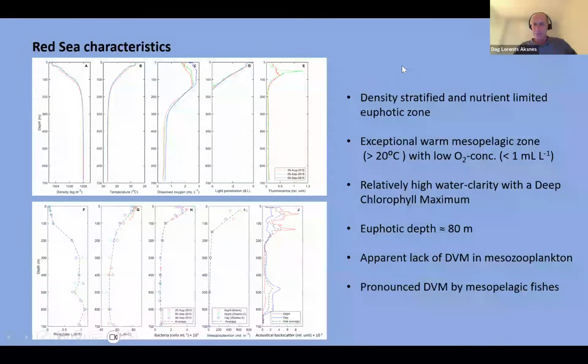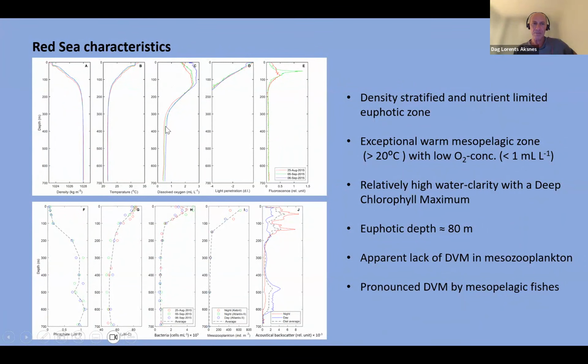The Red Sea is highly density stratified, at least in the part of the season that we consider, which is in the summer autumn. In that sense, it's similar to the subtropical gyres, but one exception is that the mesopelagic water is extremely warm, about 20 degrees, and it's hypoxic, so oxygen concentration is less than 1 milliliter.